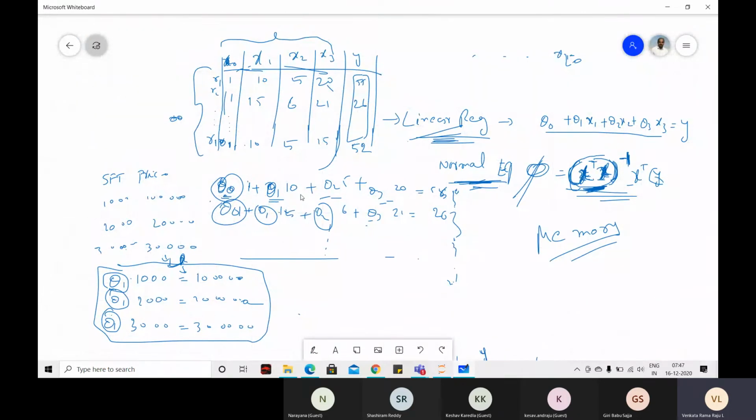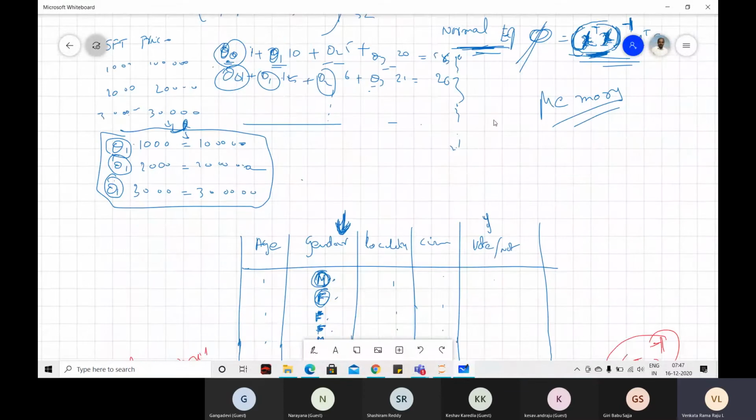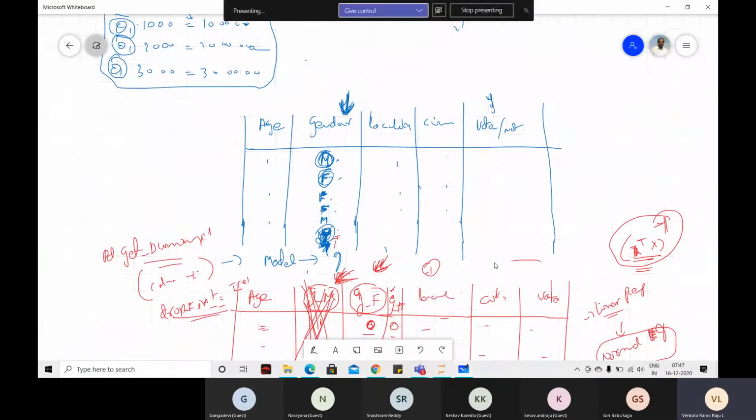As a layman I am talking about equations, but in reality what is happening is x transpose x whole inverse x transpose y. It is substituting all the x's and all the y's and finding thetas. That is how it happens in the normal equation based approach.